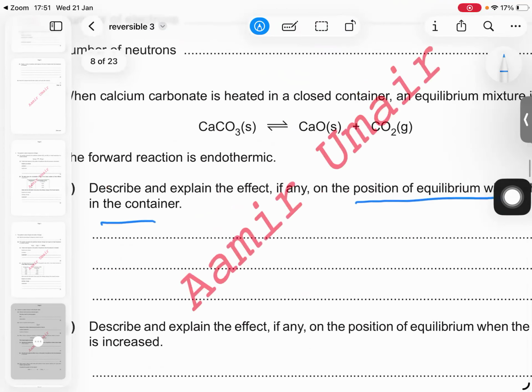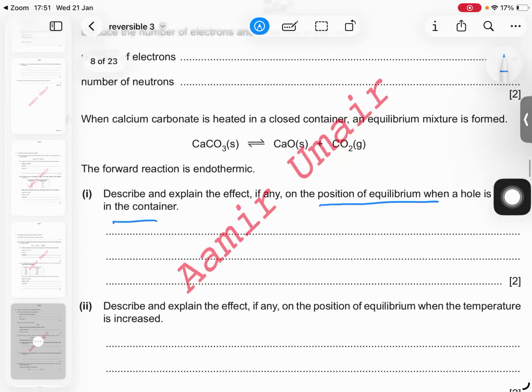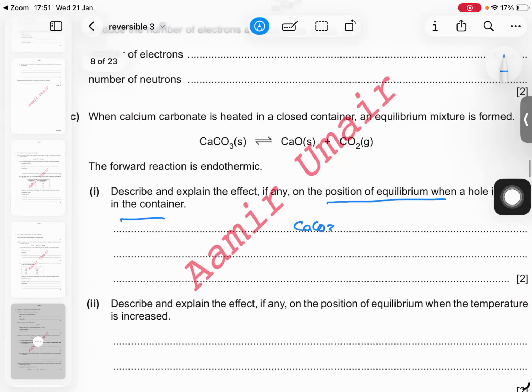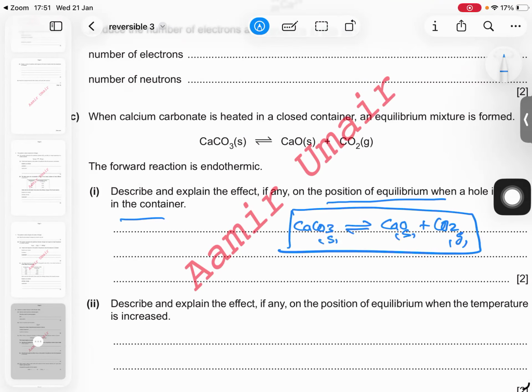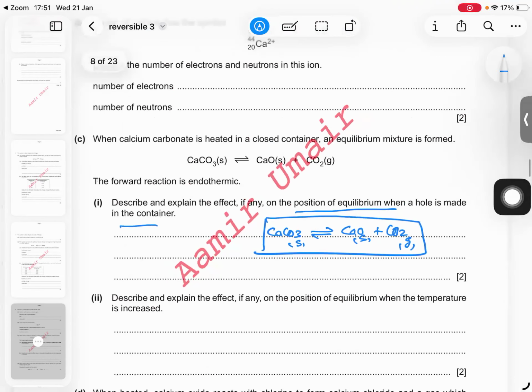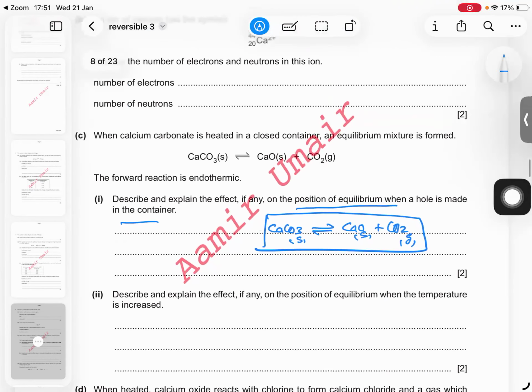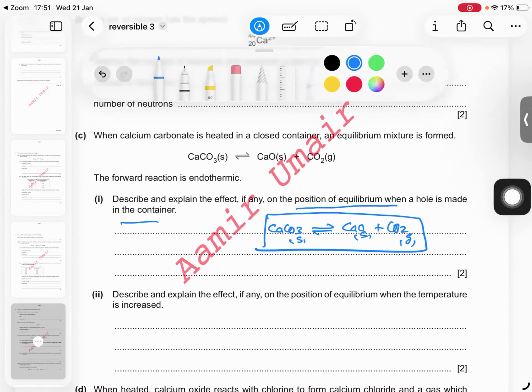You should write this equation. This is calcium carbonate. Please write down the equation with the state symbols. It gives us calcium oxide plus carbon dioxide. So this reaction is at equilibrium, and then a hole is made in the container.